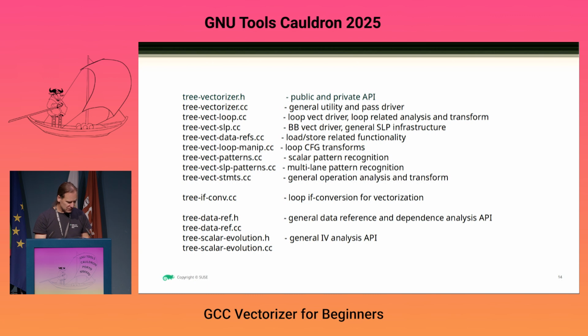So related to the vectorizer, though not in the vectorizer pass itself, is the tree if-conversion pass, which nowadays only performs if-conversion for the vectorizer. Any other if-conversion happens on RTL or in the phi-opt pass, but not in the if-conversion pass.